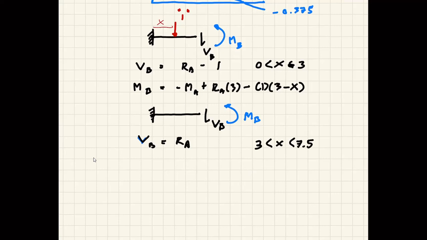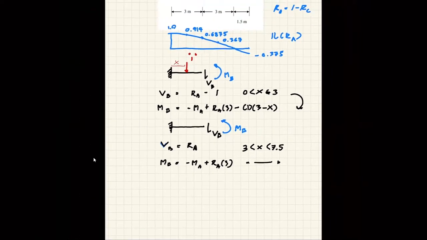And then my MB will be minus MA plus RA multiplied by 3, and the range is the same. Okay, this is also the same range. As simple as that.